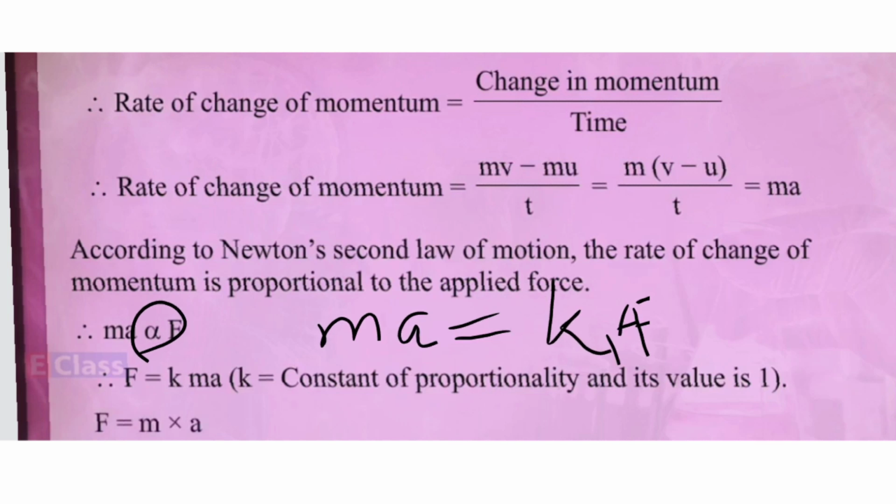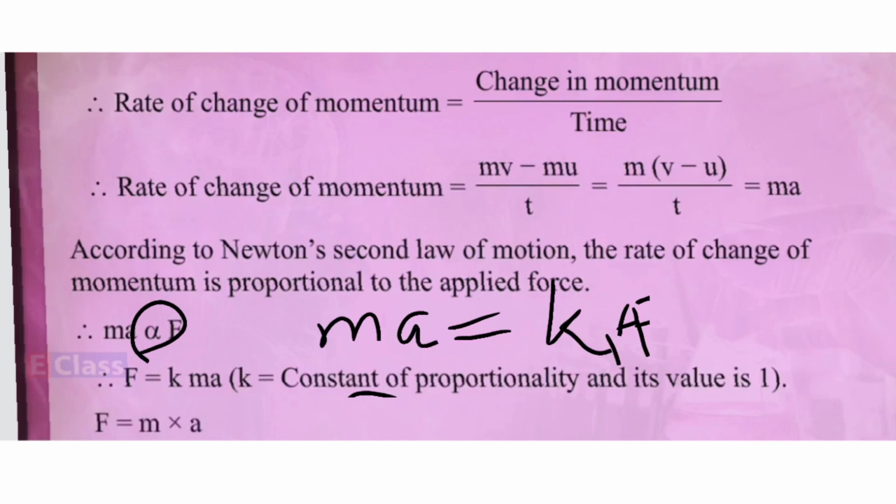That will be 1 upon k1 into ma, which is equal to F. Now this 1 upon k1 I give a name as k, and then I try to find out the value.